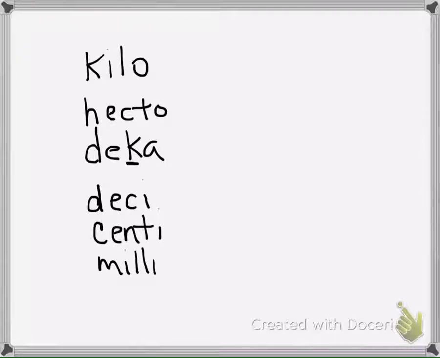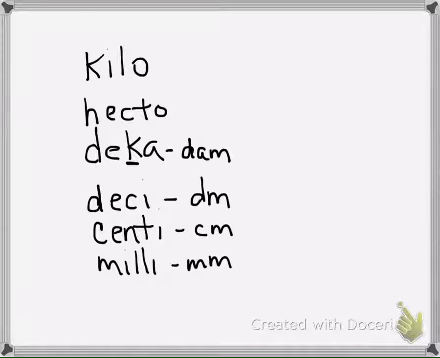Now this deca, I've seen it spelled both ways with a K and a C. We'll just go with whatever's in the textbook. But it's abbreviated like this. Decimeter is dm, centimeter is cm, millimeter is mm, kilometer is km, hectometer, of course, would be hm.